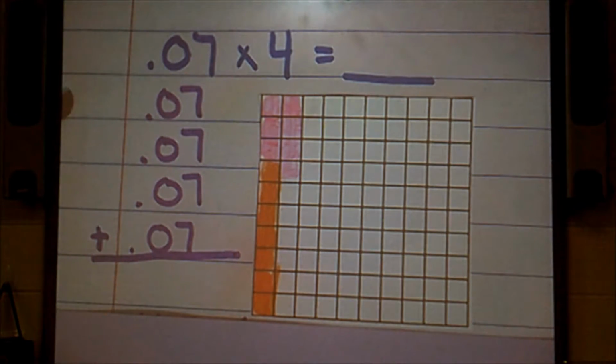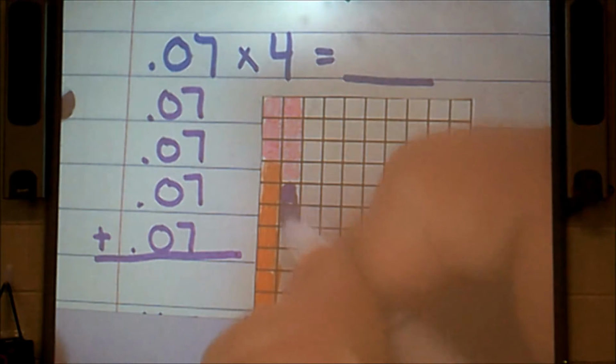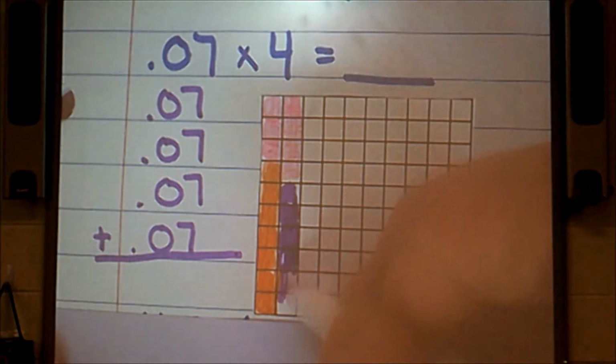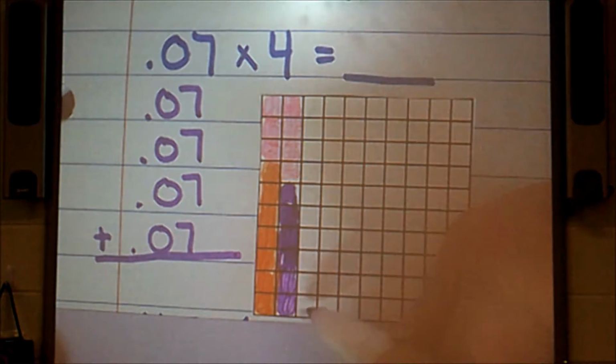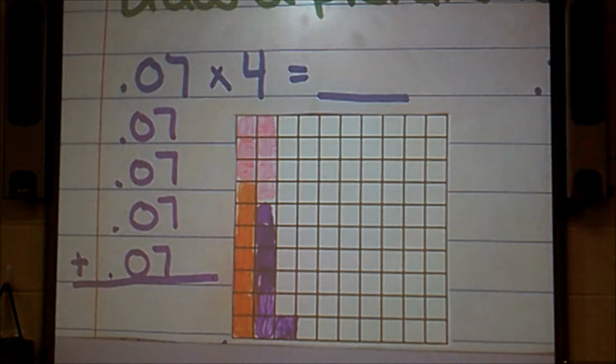I've got 2 more times to go. So I'm going to count off 7 again, and up to my next. That's 3 times. It doesn't have to be perfect.